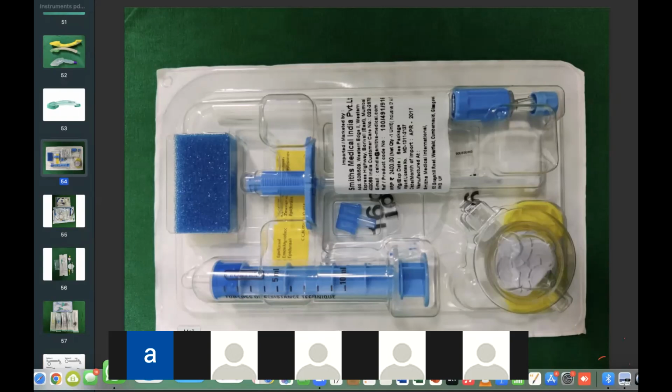And it has a syringe through which LOR, loss of resistance, can be felt. There are various techniques of seeing the loss of resistance. What we do usually is we inject air and we just feel for the loss of resistance.